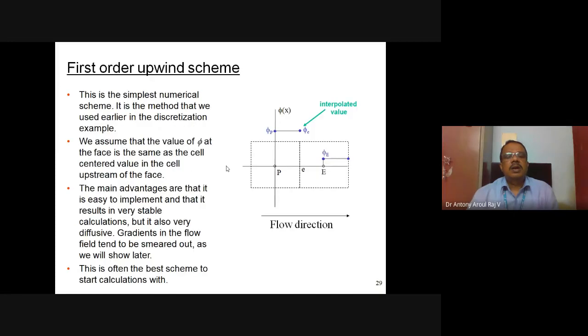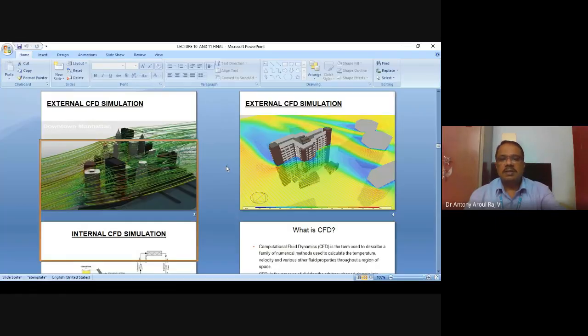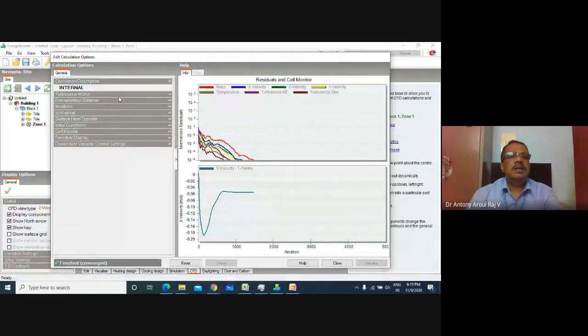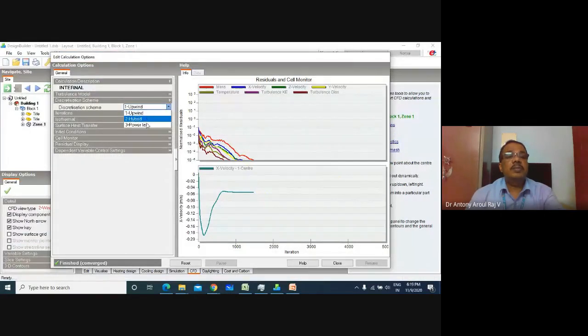You can also see this in the solver. The discretization schemes here are upwind, hybrid, power law. Upwind is the basic scheme we have studied already. Hybrid scheme, I will tell you about that. Power law scheme we have studied already.